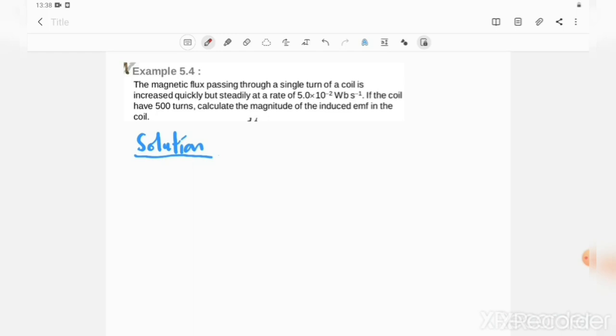For the solution, first we have to list down all the information given. So we know that the number of turns is 500 turns. And 5.0 times 10 to the power of negative 2 Weber per second is the rate of change of magnetic flux, but this is for a single turn.